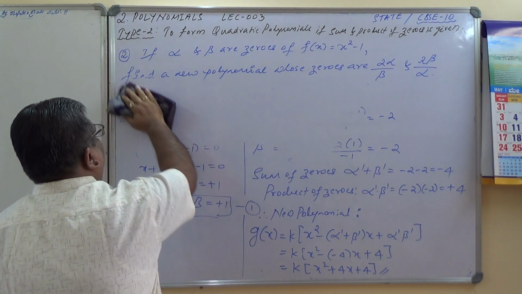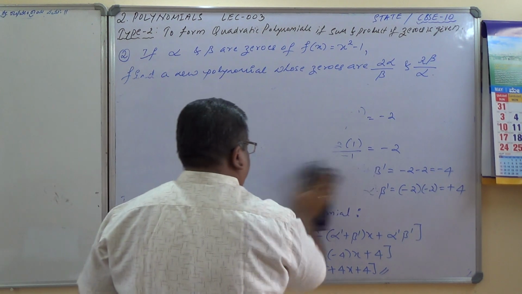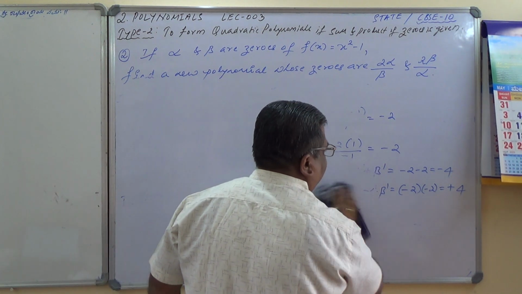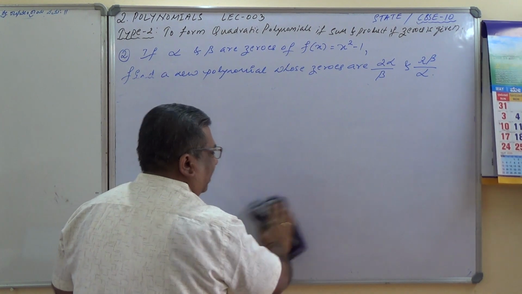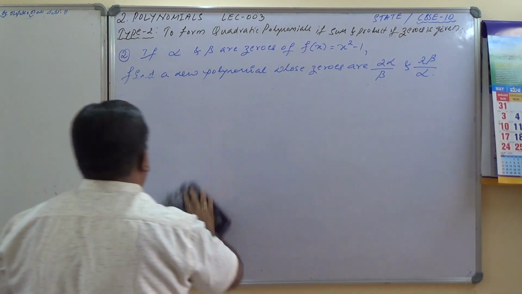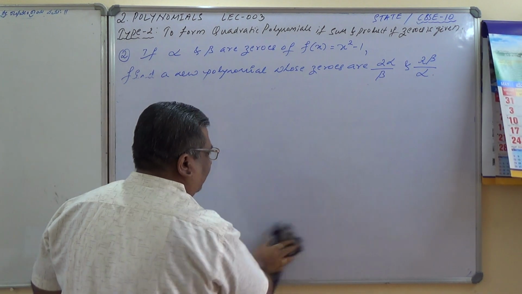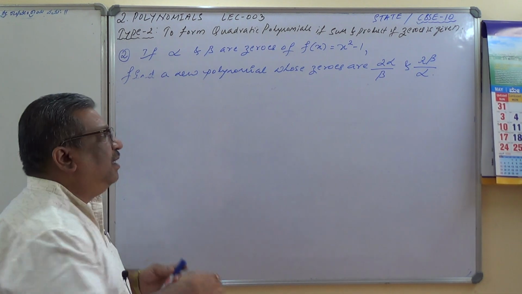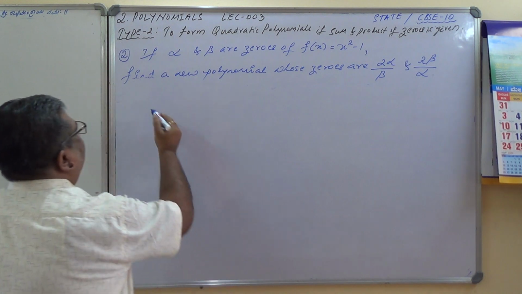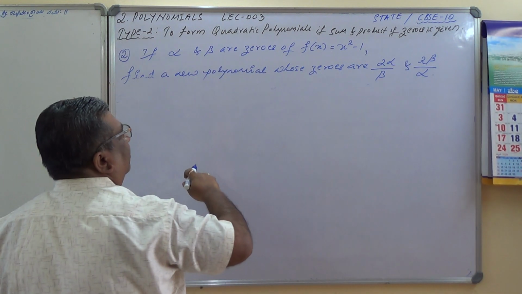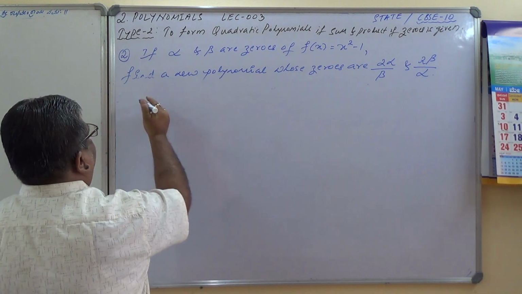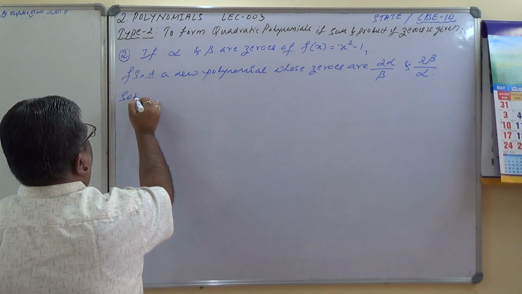And this other method which I discuss, most of the toppers follow. Most of the toppers, who have the practice of solving and have solved many numericals, will never go the way we did here. They may follow this method. See here, let alpha dash and beta dash be the new zeros. Let's find the solution once again.